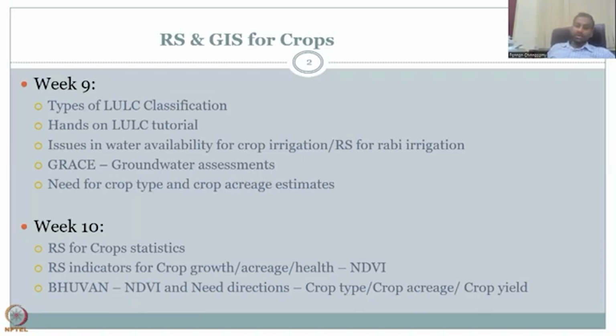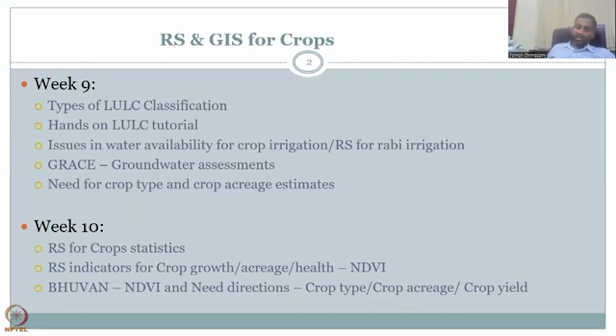These indicators serve as a matrix or a baseline from which assessments are done for crop estimation. So it is very important to understand the remote sensing indicators, which indicators are suitable for Indian locations, and look at crop growth, acreage, health, etc.